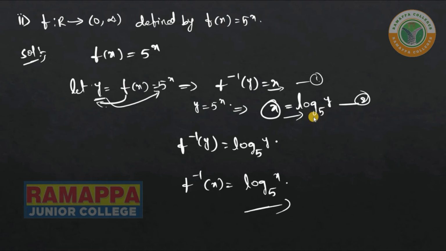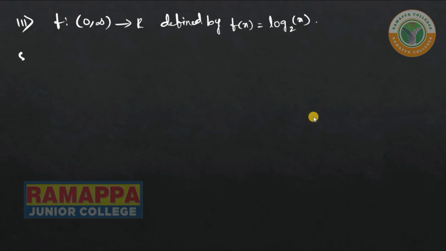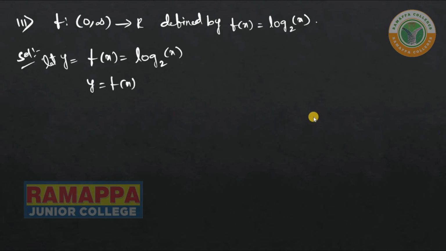Now move to the next question, the third one. You can do this question easily. f of x is equal to log base 2 of x is given. Let y is equal to f of x, so f inverse of y is equal to x. Here y is equal to log base 2 of x, so I am taking this to x is equal to 2 power of y.